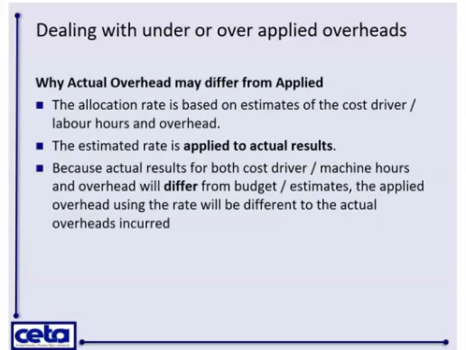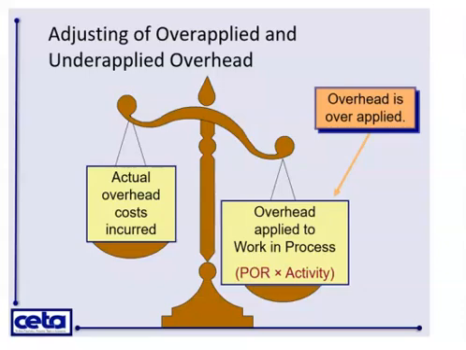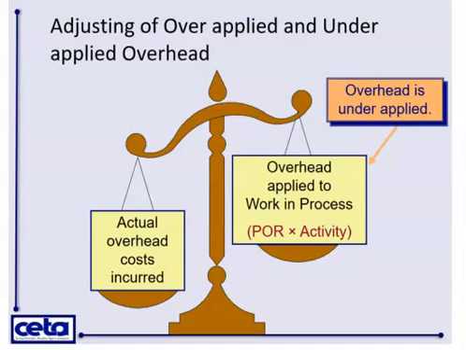So if we have estimated more than our actual cost, which was less, using the predetermined rate we estimated that it will be more. So our overhead is over applied. We have overestimated.